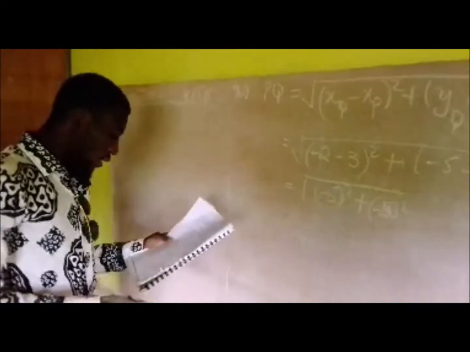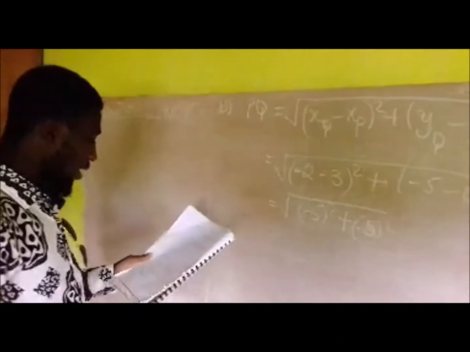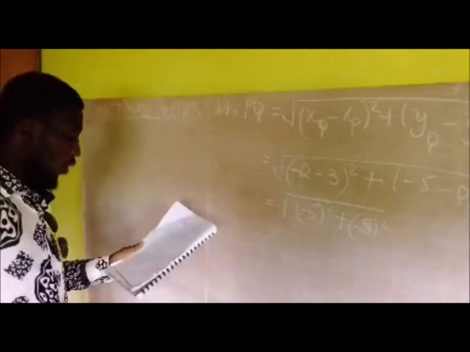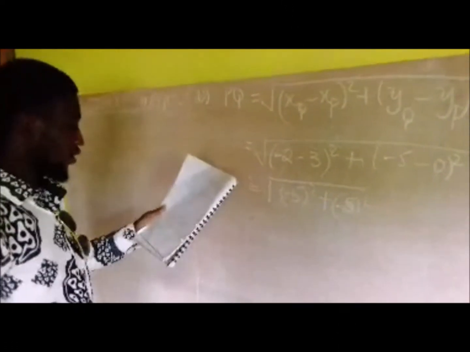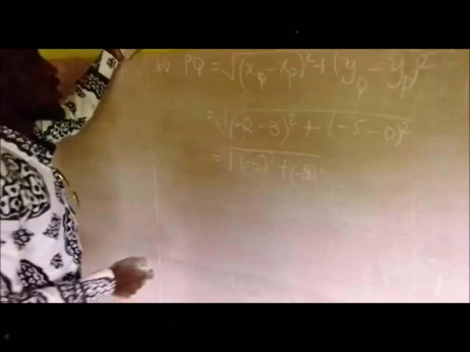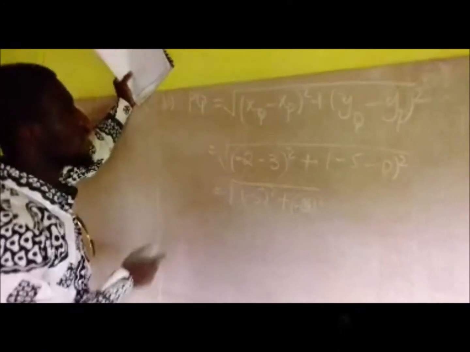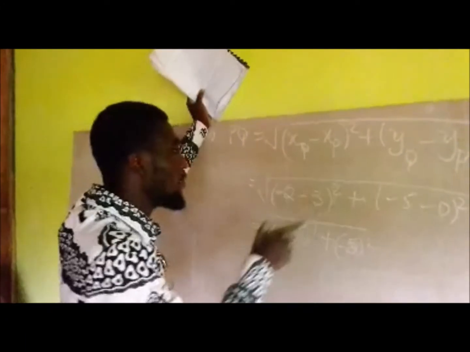Like we were saying, we're solving additional maths 2018, question 5, and more precisely the B part of the question. We're being asked to calculate the length of the segment PQ. We gave the formula, xq minus xp all squared plus yq minus yp all squared.